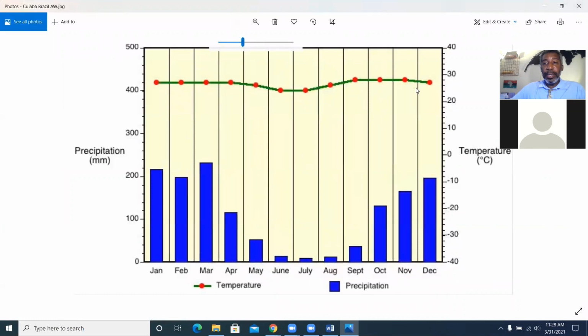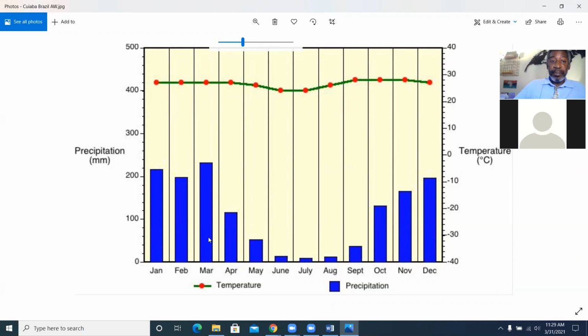And as you can see, if we look at the precipitation amounts, now I must stop here and say that in climatology, the year is broken up into only two seasons, winter and summer. And so the summer months are April, May, June, July, August, September. The winter months are October, November, December, January, February, and March. So you have 6 summer months, 6 winter months.